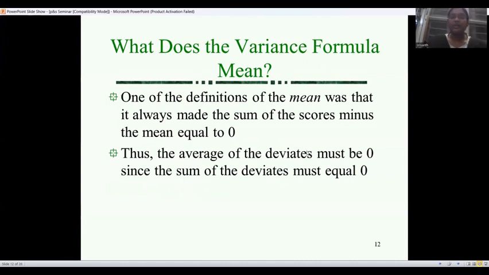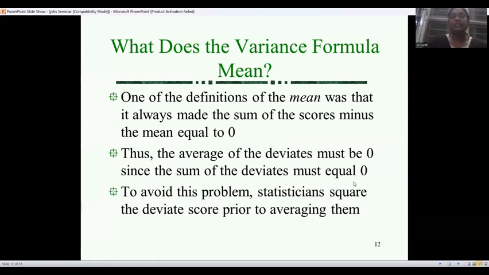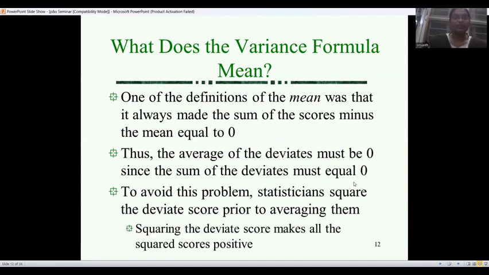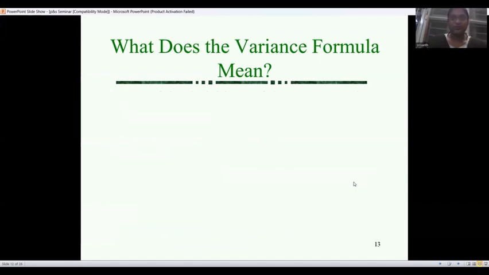Thus, the average of the deviations must be 0 since the sum of deviations must be equal to 0. To avoid this problem, statisticians square the deviation scores prior to averaging them. Squaring the deviation scores makes all the squared scores positive.